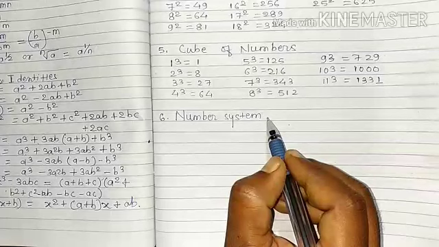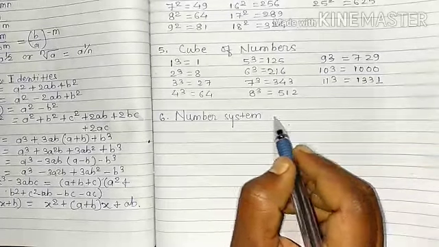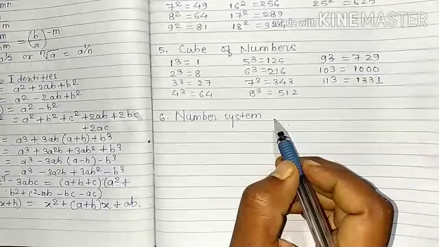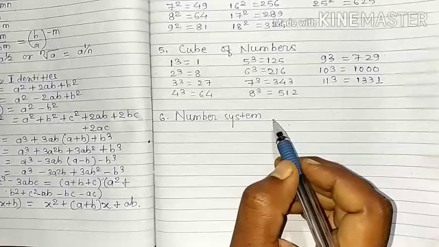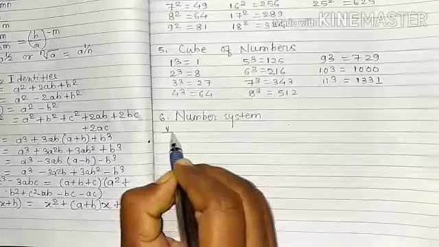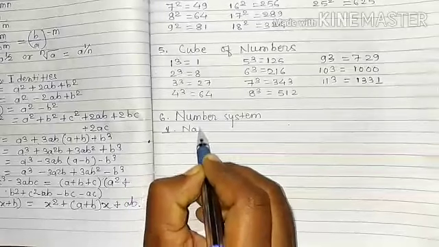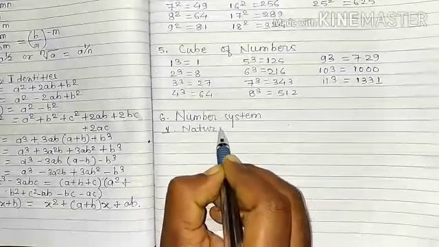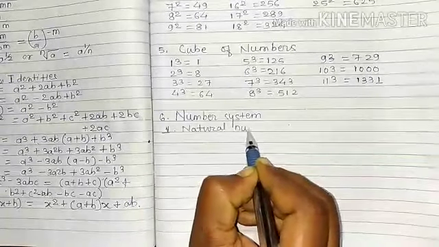In earlier class, we also learned how to represent various types of numbers on a number line. First number, natural number.